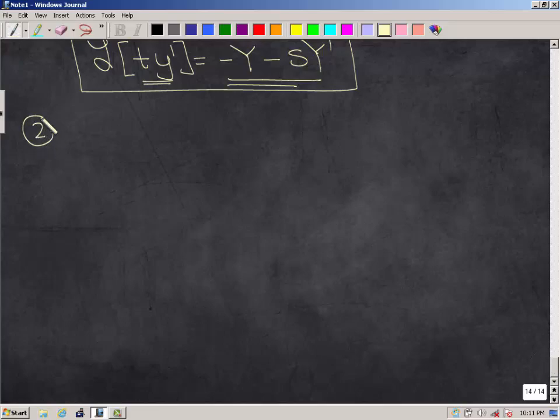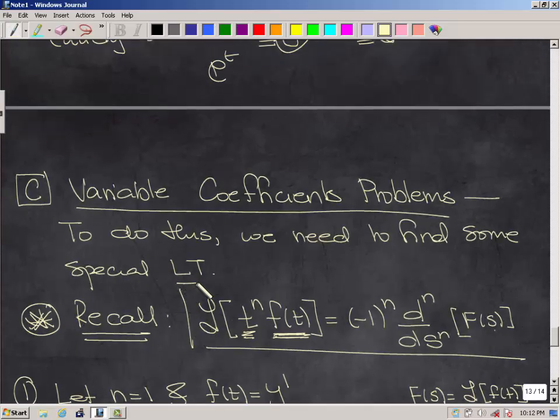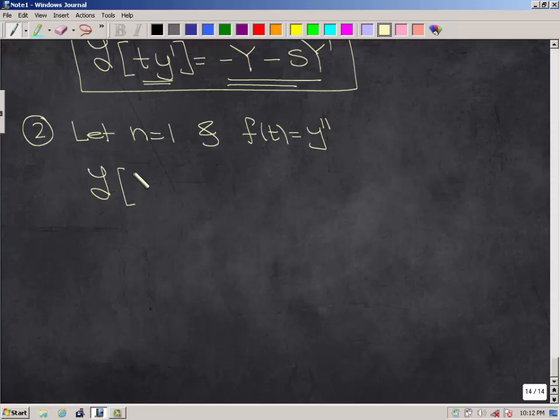Let's take a look at another one. What if we let n equal 1 and we let f of t equal y double prime this time? So what do we get in that stored property of Laplace transform that I did over here? I'm going to replace n with 1, f with y double prime, so you get t times y double prime is equal to negative d over ds, okay, times big F. But what is big F?